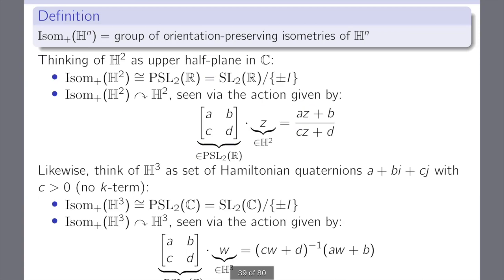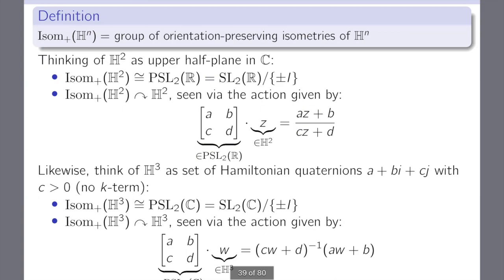We have a matrix here, (a b; c d), in PSL2(R). PSL2(R) comes from the general linear group, which has matrices of non-zero determinant, therefore invertible. SL2(R) are the matrices with determinant 1, and we're modding out by the center.